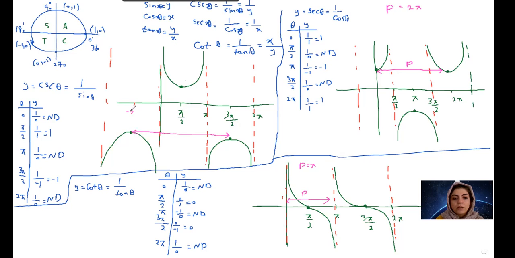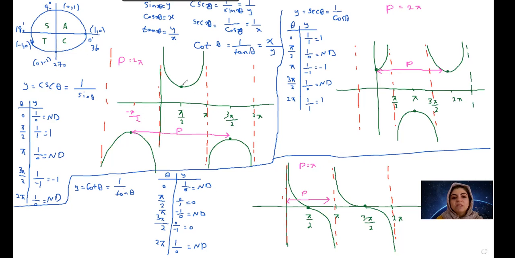It's from negative pi over 2 to 3 pi over 2. The length here is 2 pi, so the period here is 2 pi. Make note that the period of sine theta was 2 pi as well. The period of cosine was 2 pi as well. And here, the period of the tan itself was pi, okay?